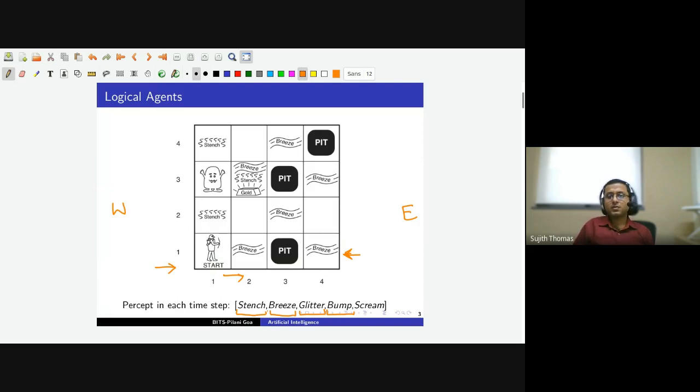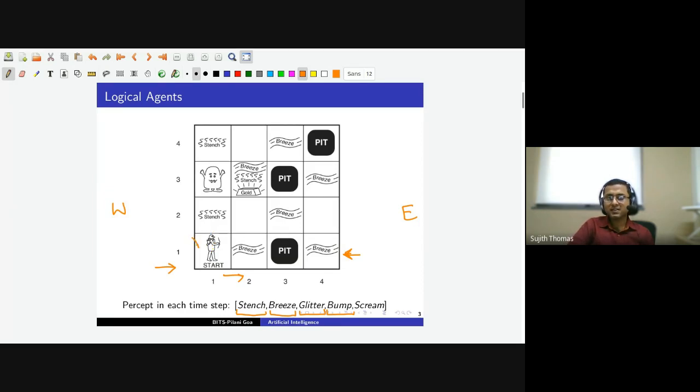If it wants to go back to 1,1, it has to turn 90 degrees. So these are the various actions that are available to the agent. It can move forward, it can rotate 90 degrees in the clockwise or anti-clockwise direction, and again it can move forward. The third action available to the agent is shoot.